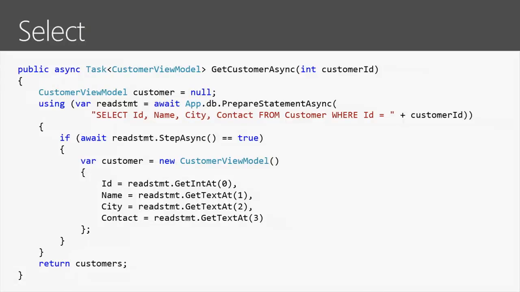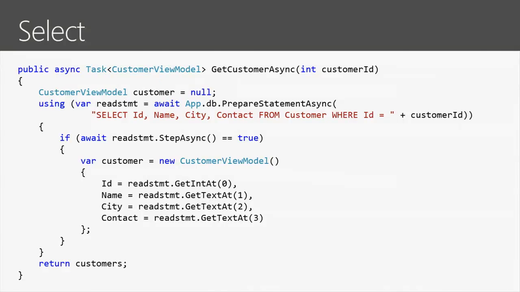So we're creating a new instance of a customer view model, which is a custom object I've created in my application, and we're going to populate the fields in that with the values we've got back from the database. So you call get int at 0 to pull the first column value out, get text at 1 to get the second column value, get text at 2 to get the third, and so on. And as you see, it's 0-based. So you pull the values out and plug them into your own in-memory object for using further on in your application.